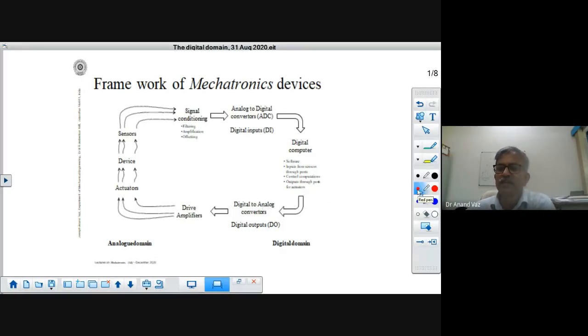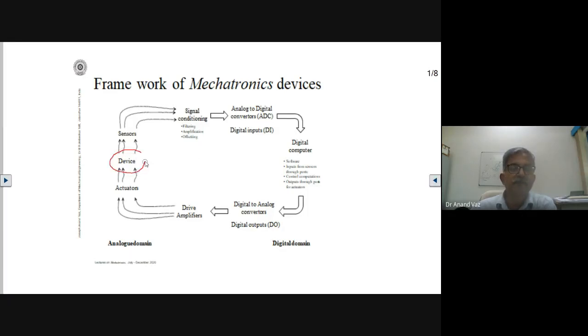So in our previous presentation, you may recall that we were discussing the framework of mechatronic devices. In this framework, we have the mechatronic device itself, which could be in any of the physical domains: mechanical, electrical, electronic, thermal, fluid, chemical, any such energy domain. This is the analog domain.